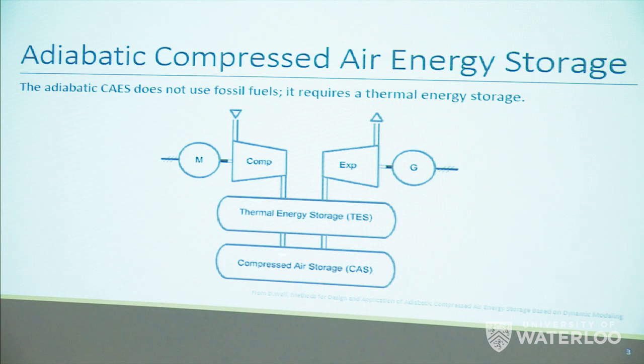So the air goes not to the compressor, but to the cavern, sorry, and then it's mixed again with the heat and goes to expansion. This way, no fuel is needed and no combustion chamber is needed.